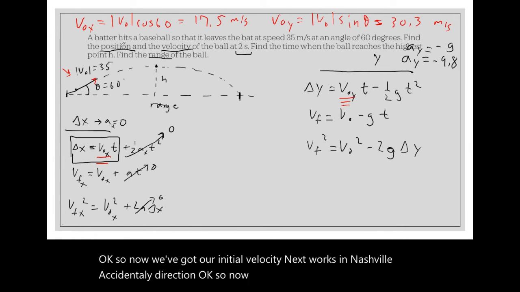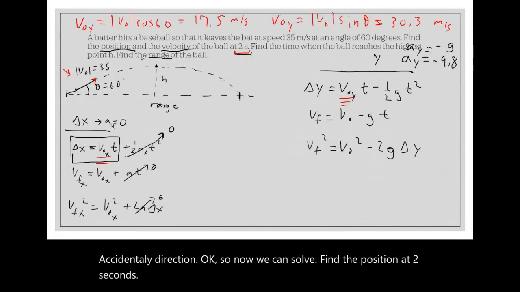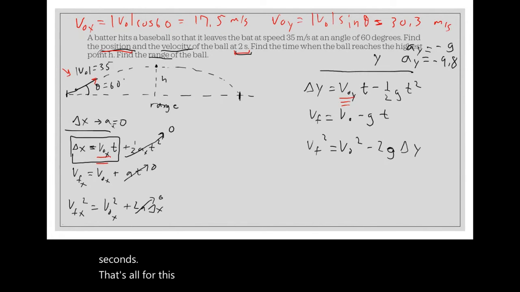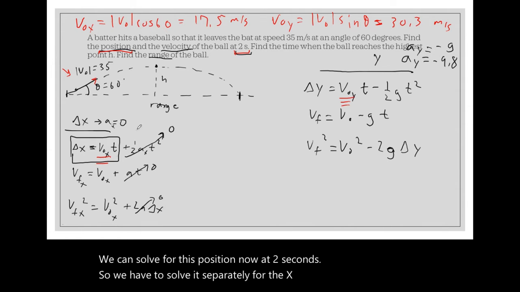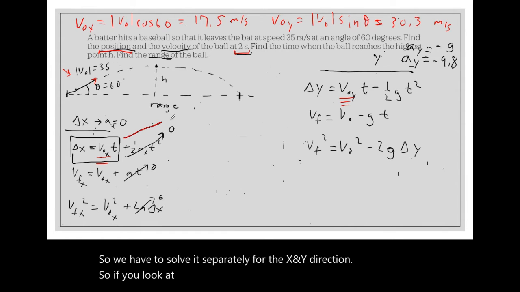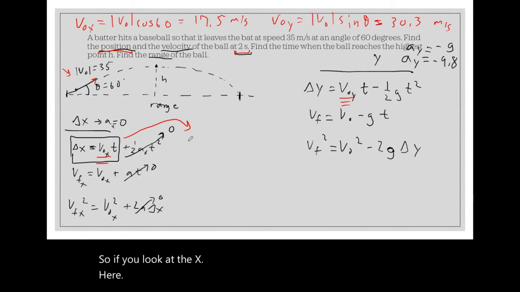Okay, so now we can find the position at 2 seconds. We can solve for this position now at 2 seconds. So we have to solve it separately for the x and the y direction. So if we look at the x here, the x position is going to be 17.5 times 2 seconds.